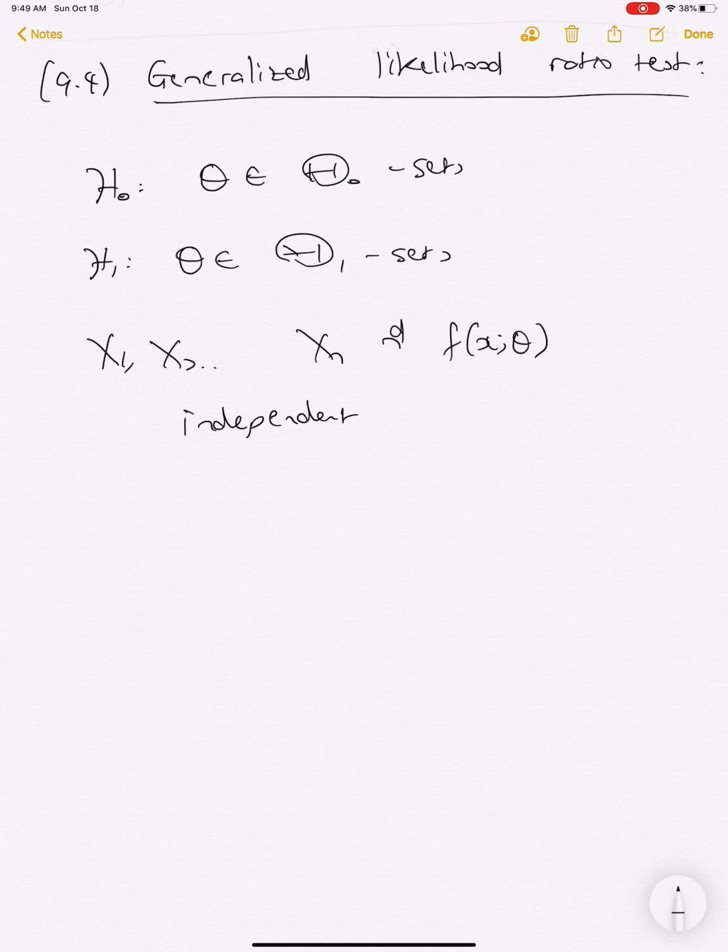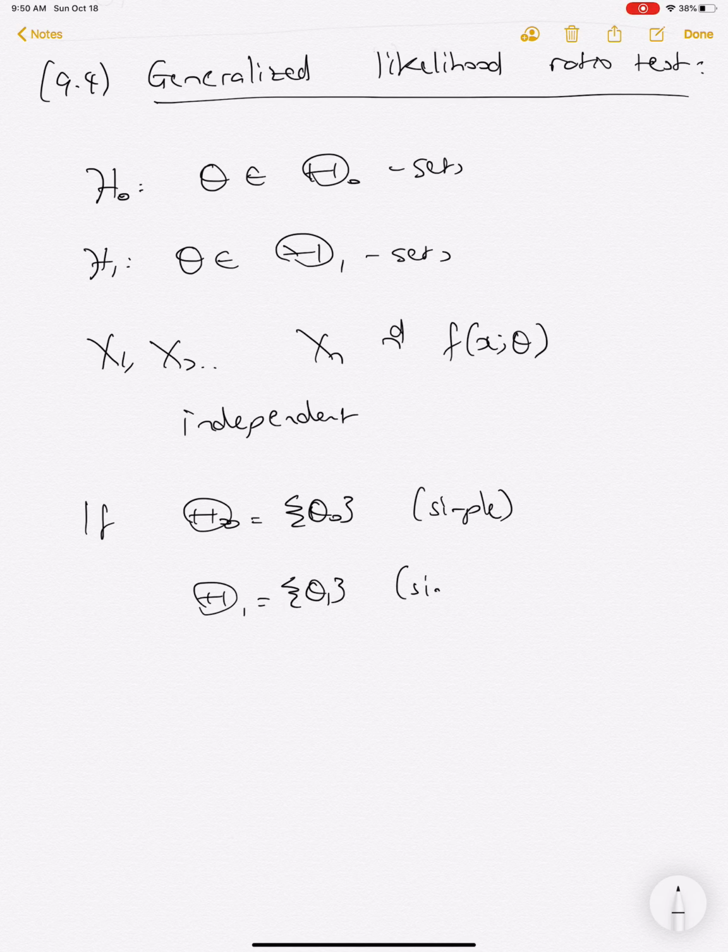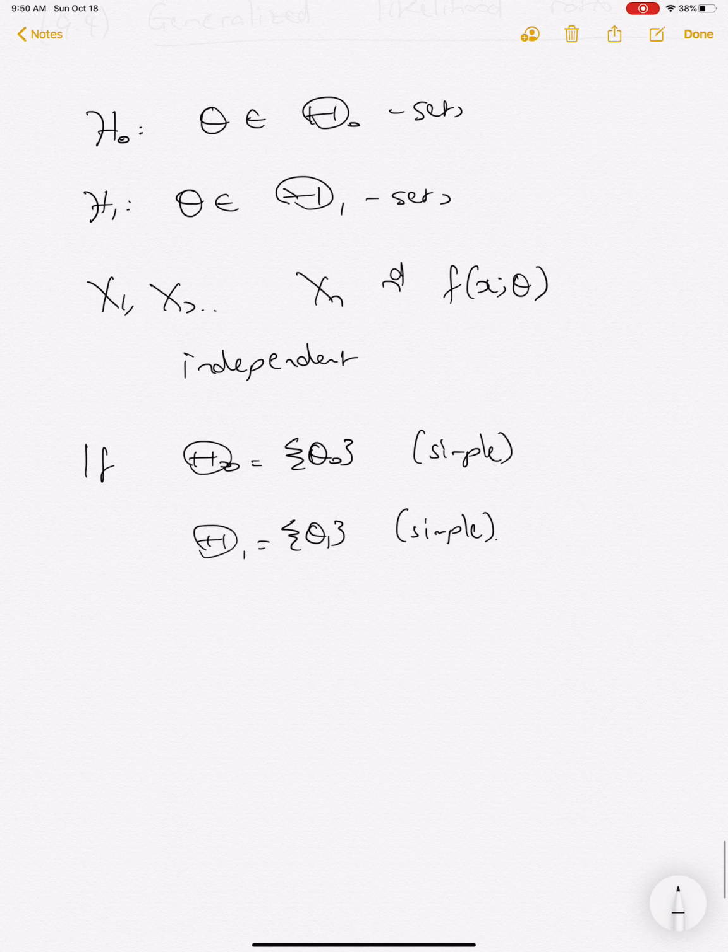And so if theta 0 equals theta 0, so this is simple, and theta 1 is equal to theta 1, and this is simple, we simply calculate the likelihood.